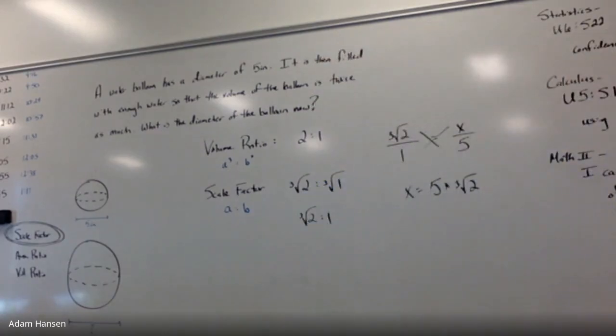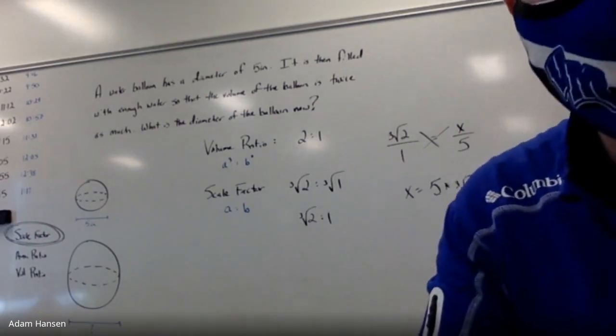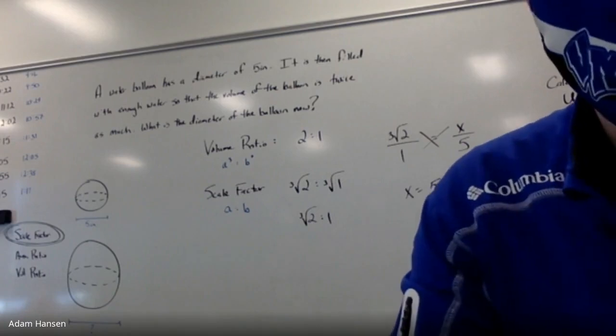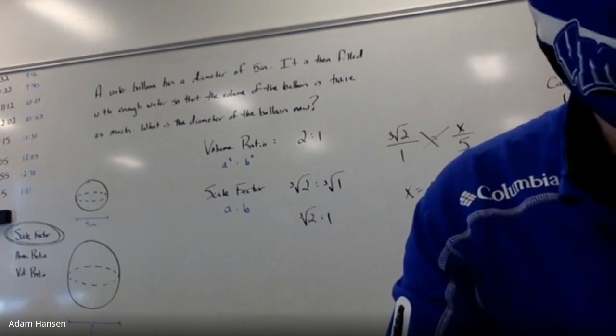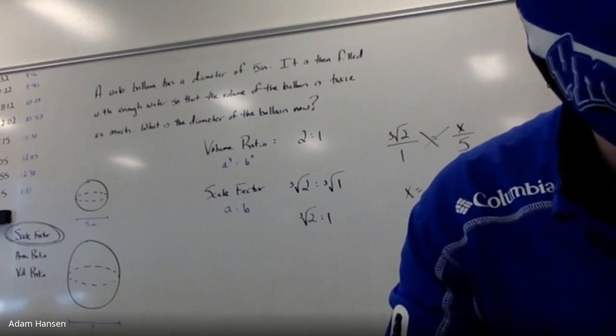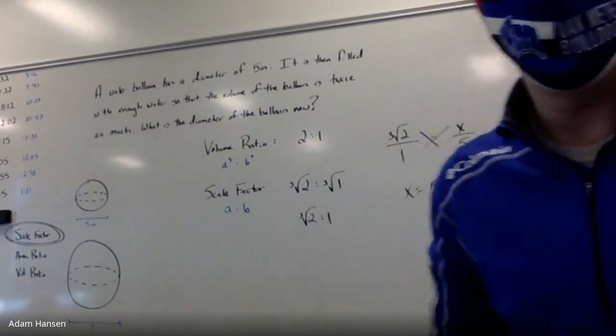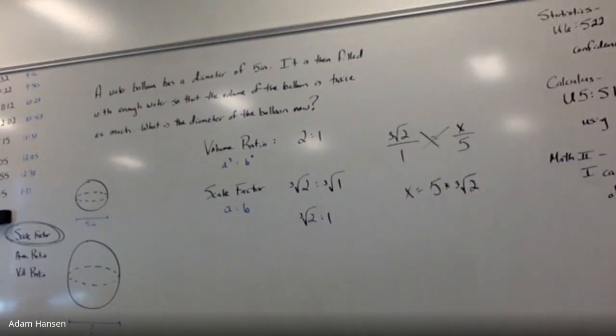Everyone grab a calculator. Let's make sure we know how to find cube roots on there, because that's one we don't use quite as much as the square root. So sometimes people get confused on how to type that into the calculator. If you don't know where it is, let me know. If you know where to find it on your calculator, type it in. Do you get the same value I have on the screen?